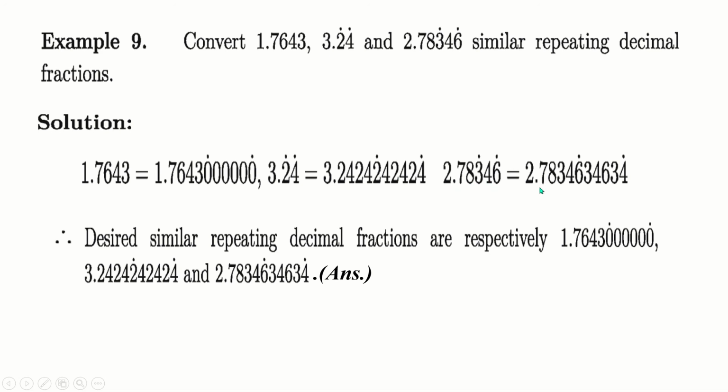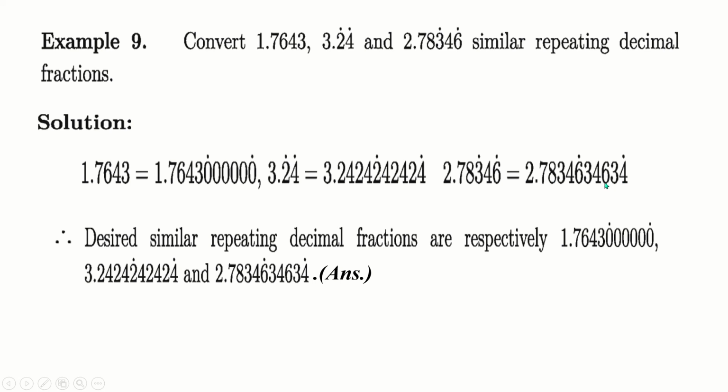Similarly here also we can write 2.78346. This equals 78346 again 346, again 346, again 346, but we have to fix 4 digits after the decimal point as the non-repeating part, that's 7834, and 6 will be the repeating part. 6, 3, 4, 6, 3, 4.